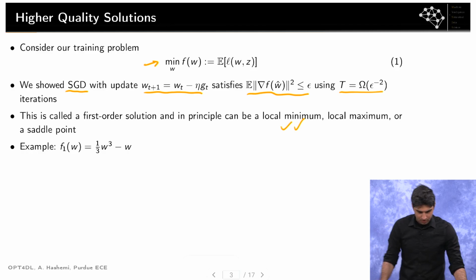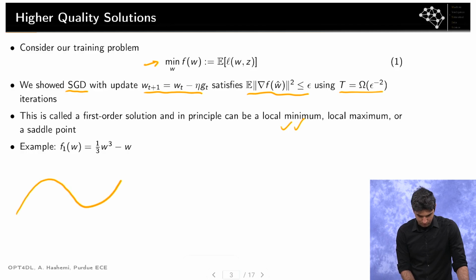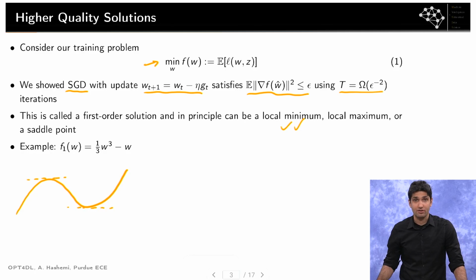Okay, so in particular, let's first consider this cubic function. If you were to plot this function, it would look something like this. So naturally, there is a local maximum, and there is a local minimum, right? These are points at which the tangent is completely horizontal, and therefore the gradient is 0.